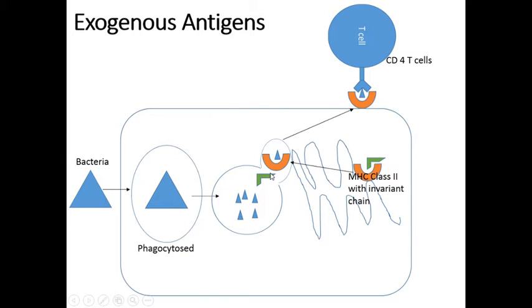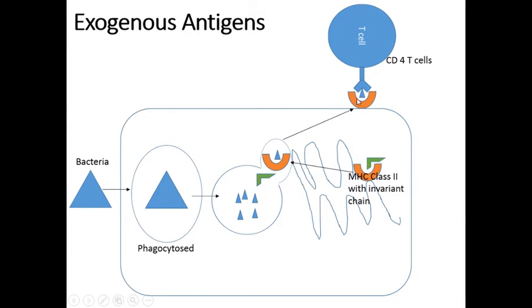The invariant chain dissociates from the variable region, and then the exogenous protein, in this case the bacterial protein, will be bound to the variable region of the MHC class 2, and this will be transported to the surface of the antigen presenting cell.